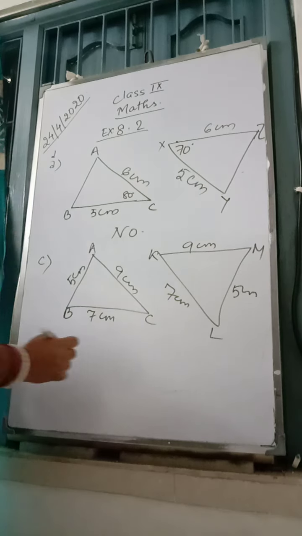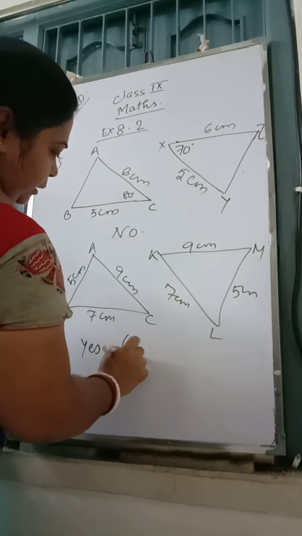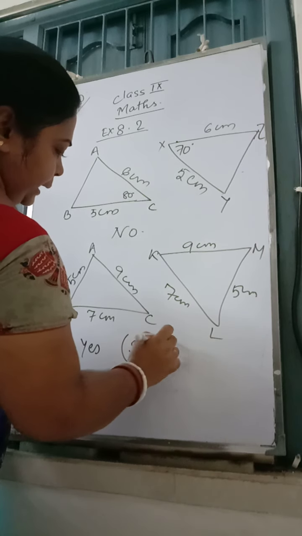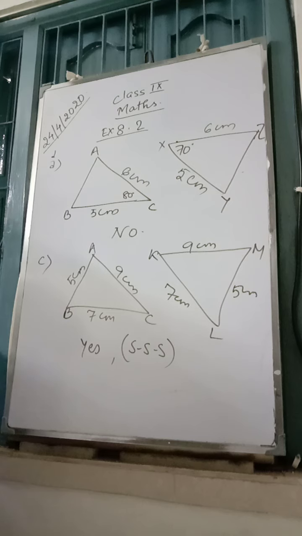So the triangles, yes, they are congruent. Yes, why? According to side congruency. So just this way we have to do question number 1.